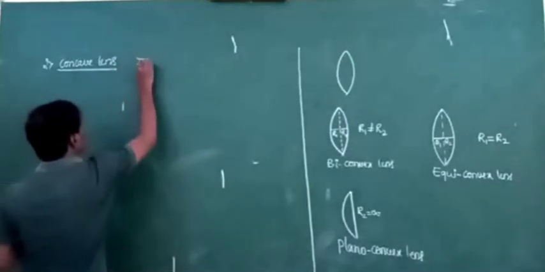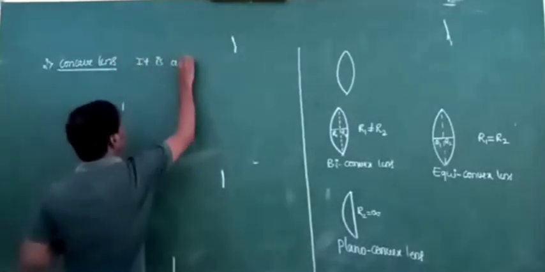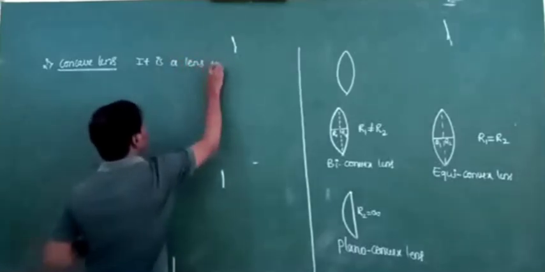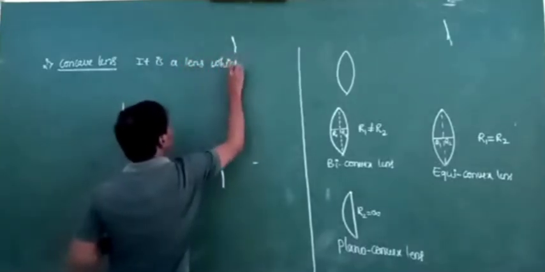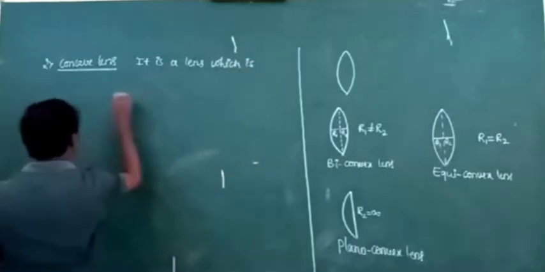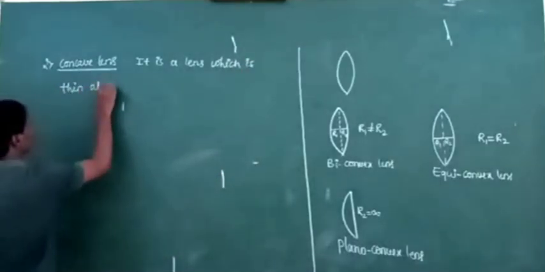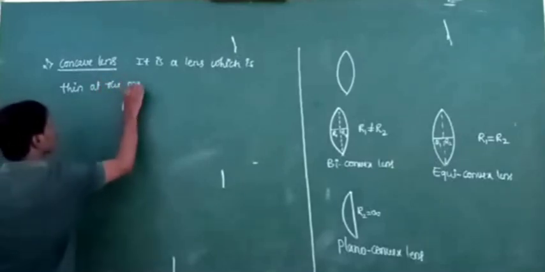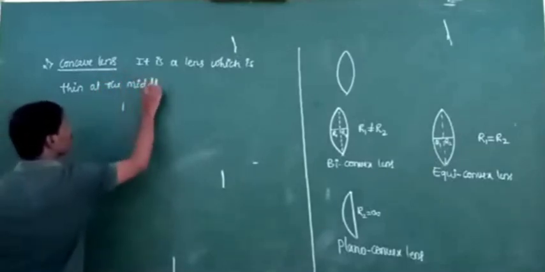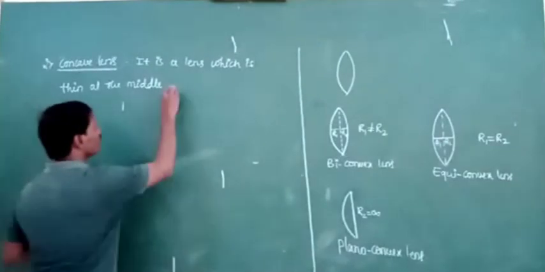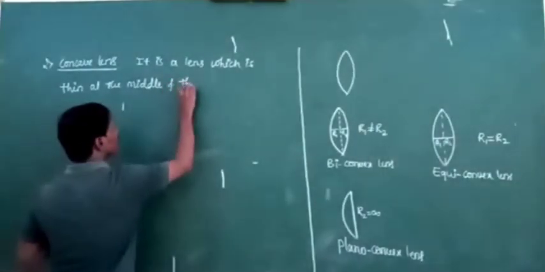It is a lens which is thin at the middle and thicker at the edges.